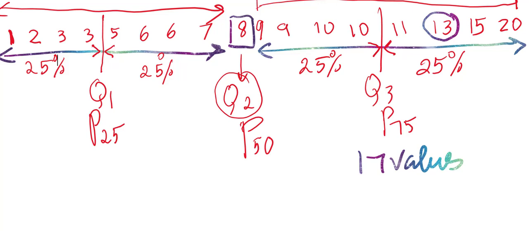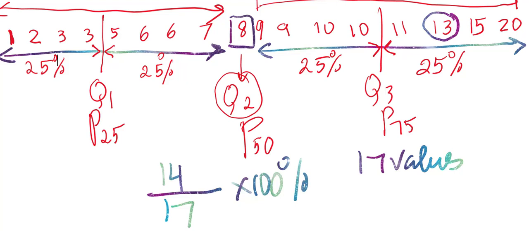So to figure out the percentile of 13, how many values are below 13? There are 14. So you take the 14 and divide it by the number of values, which is 17, and multiply by 100%.